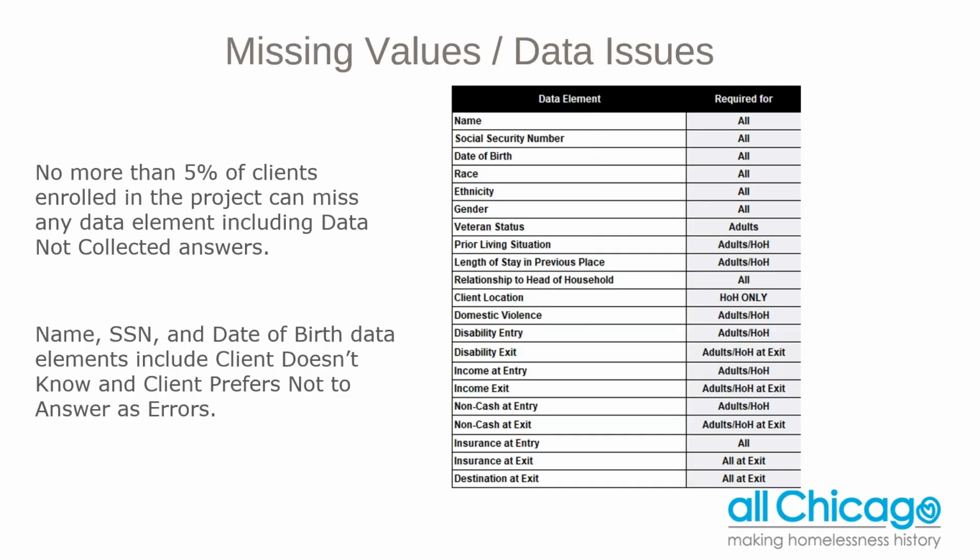So when it comes to missing values, this would be the first thing that we'll look at. Overall, these are the data elements that are looked at for missing values and data issues. You can see it in the screenshot on the right-hand side. It starts off with name, social security number, date of birth. Race and ethnicity is a combined question now.